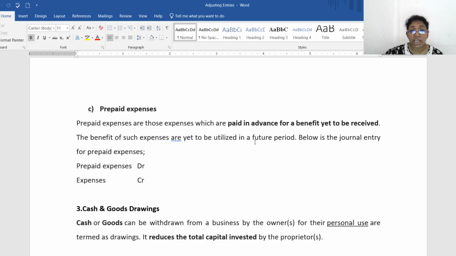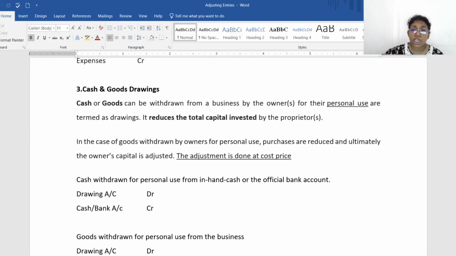Now the next one, I move into the cash and goods drawing. You know the entrepreneur, the proprietor or the owner of the business is separate from the company or the firm, according to the business entity concept.